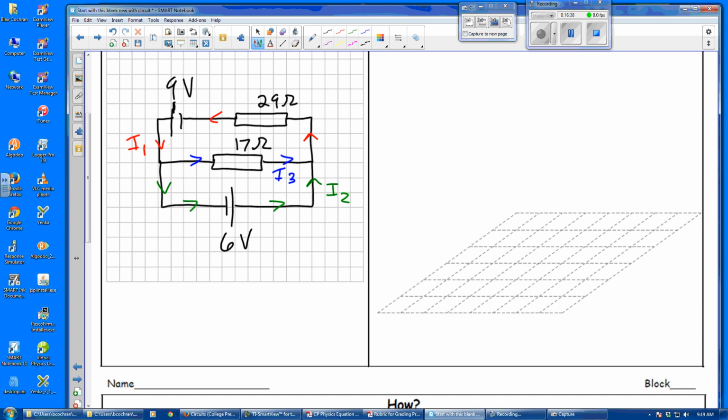So now I need to draw my circuit on my grid here. That will look like this. And now, what is the criteria on our rubric for the plot? What's the wording I use? Usable. So I'm not grading you on artistic ability. Thank goodness I'm not being graded on artistic ability. I'm grading you on, is it usable?